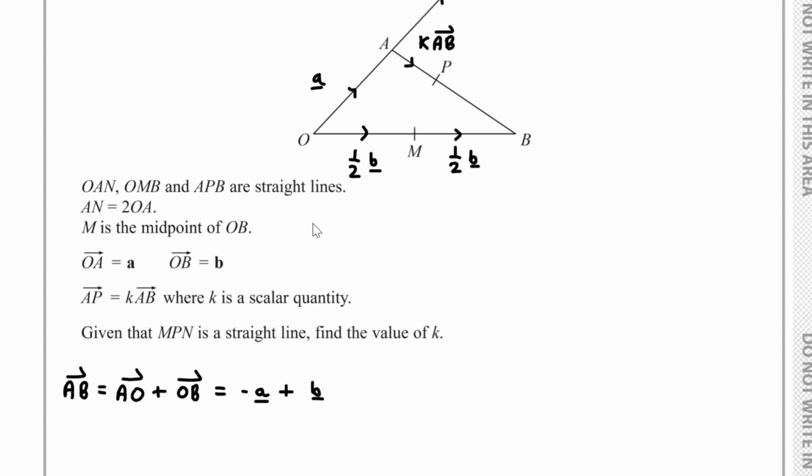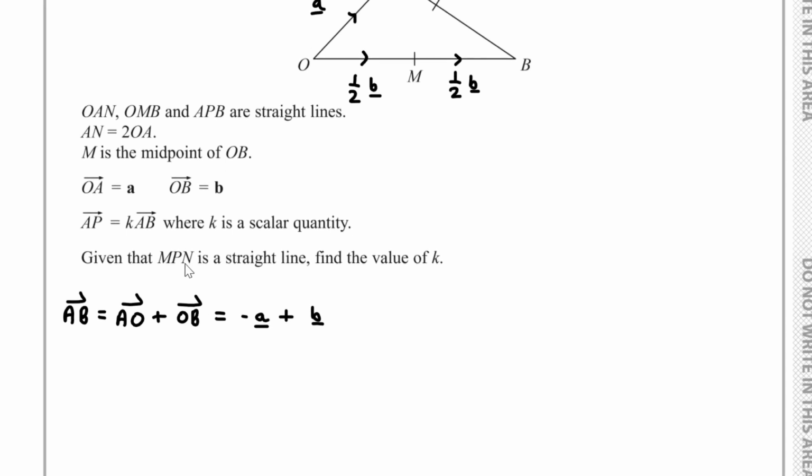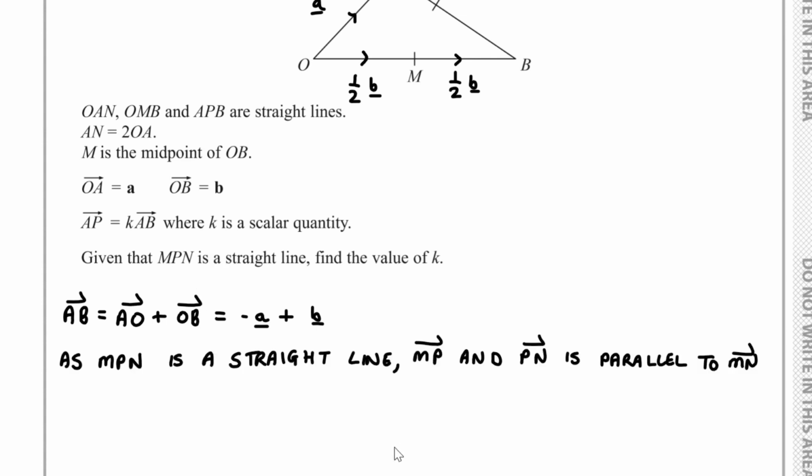Now, since MPN is a straight line, that means MP and PN are parallel to MN. Let's just write that down. So as MPN is a straight line, MP and PN are parallel to MN.